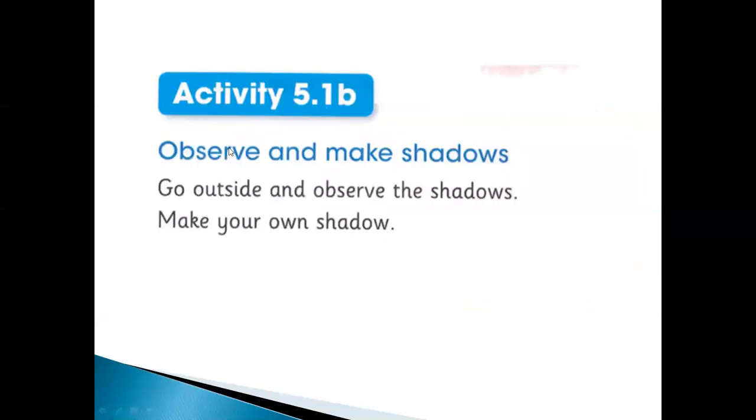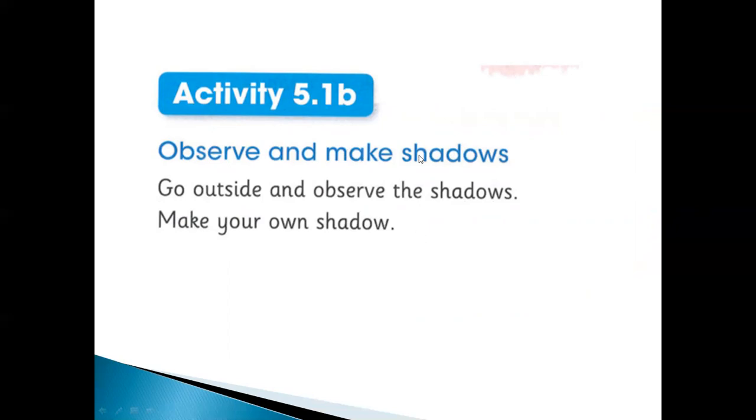For this, you also have activity 5.1b. Observe and make shadows. Go outside and observe the shadows. You can see a lot of shadows according to the sun's direction. If the sun is on this side, you can see the shadow here. If the sun moves from here to here, you can see the shadow behind. Different buildings, different trees, different objects, even the dustbin, you can see the shadow of it.